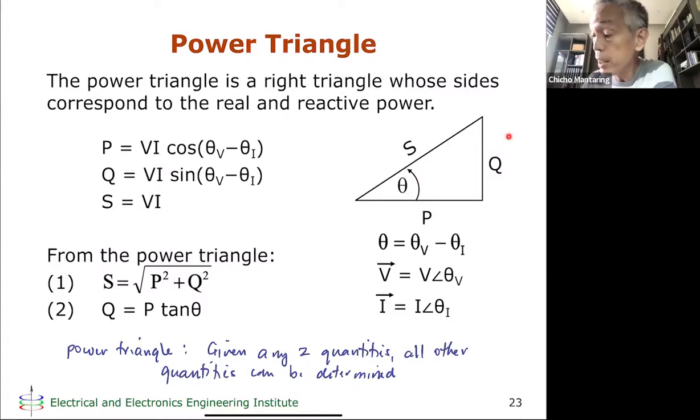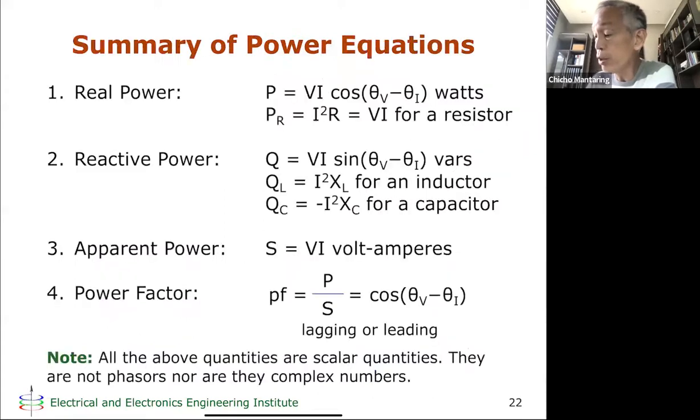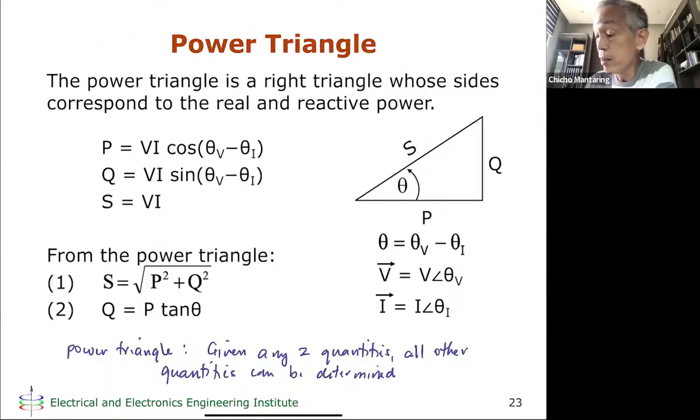And if you remember this, no, there's really no need to memorize these formulas. No? You just have to remember this triangle. But you have to remember also that Q is negative for leading power factor and positive for lagging.